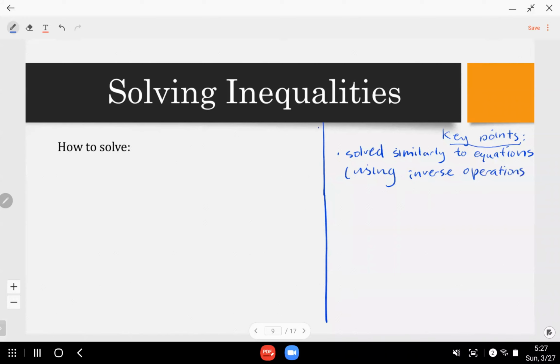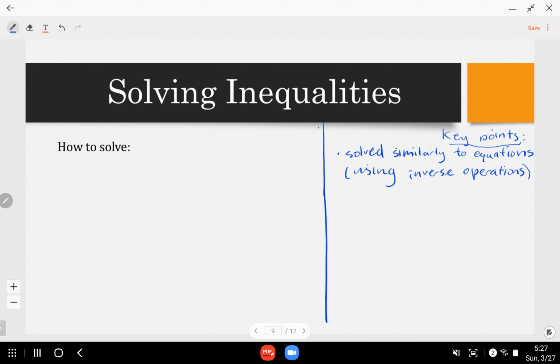Okay, so that's how we do it. So using inverse operations, we can solve inequalities very similarly to equations, except they're not equal.